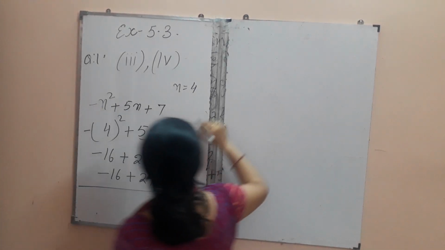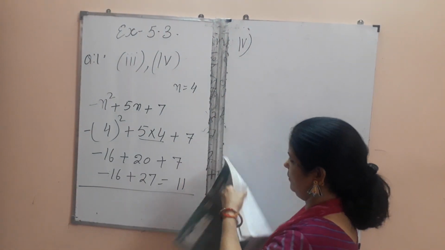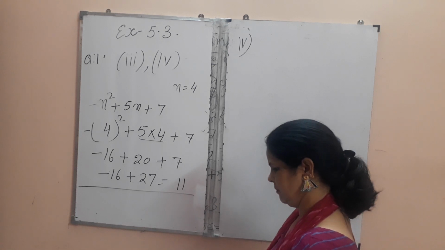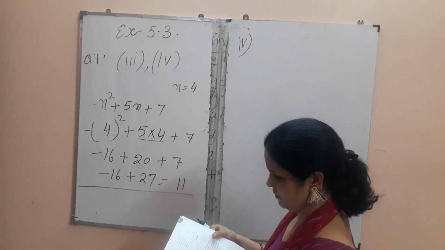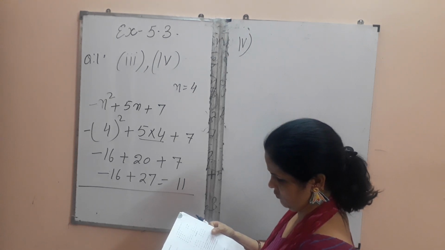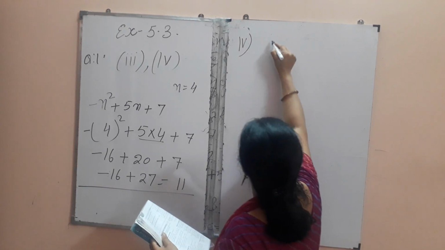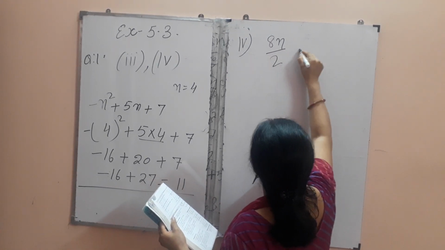Next is question number 4. Question number 4 is 8n upon 2 minus 9.